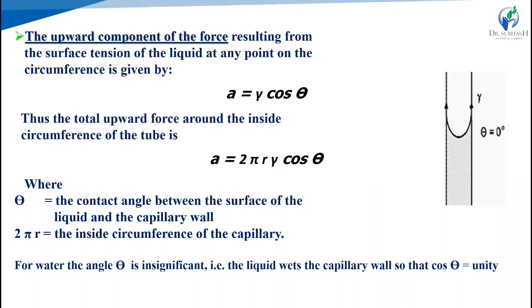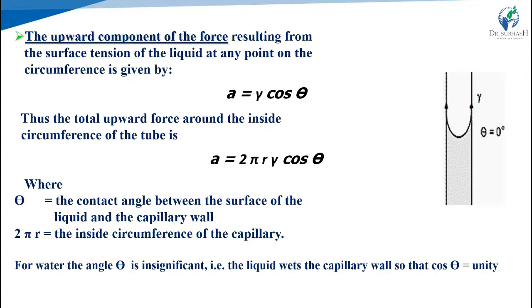During the upward movement, the surface tension at any point on the circumference of the capillary tube is expressed as gamma cos theta, where gamma is the surface tension and theta is the contact angle between the surface of the liquid and the capillary wall.